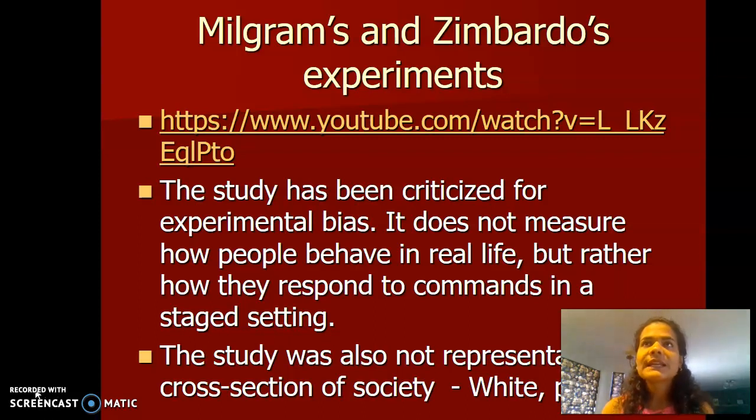methodological rule. And so it is safe to say that in 2020, these experiments would have never passed the Institutional Review Board. So anytime you're conducting experiments with human subjects or working with human subjects, you need to have IRB approval, which is the Institutional Review Board.